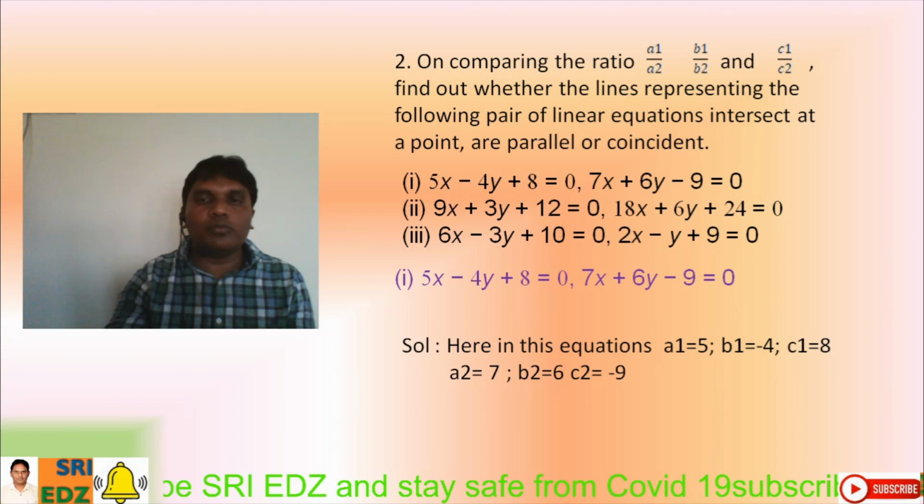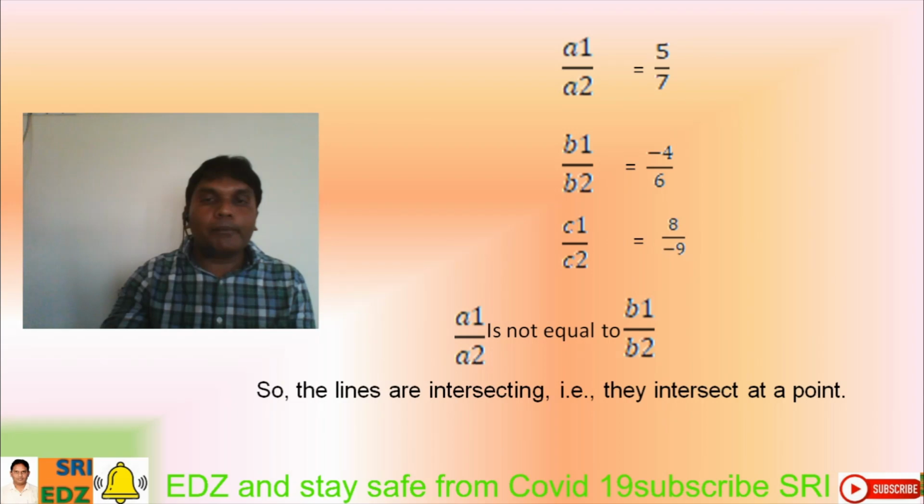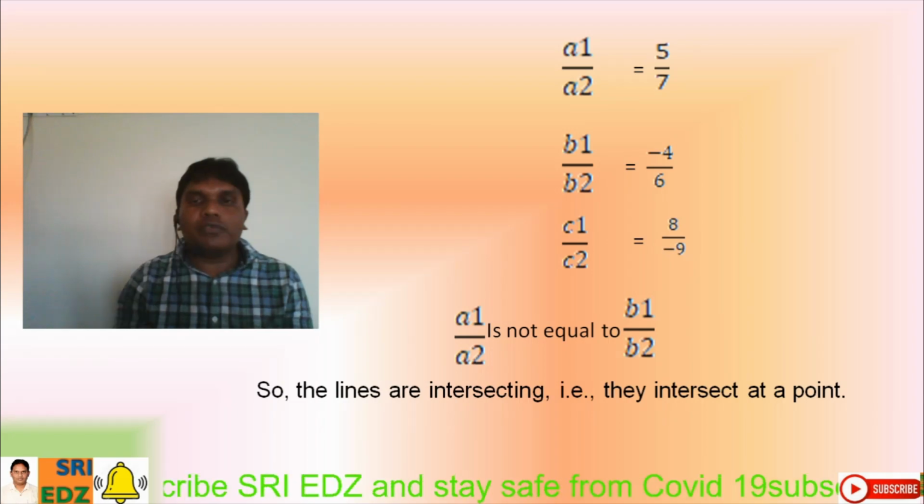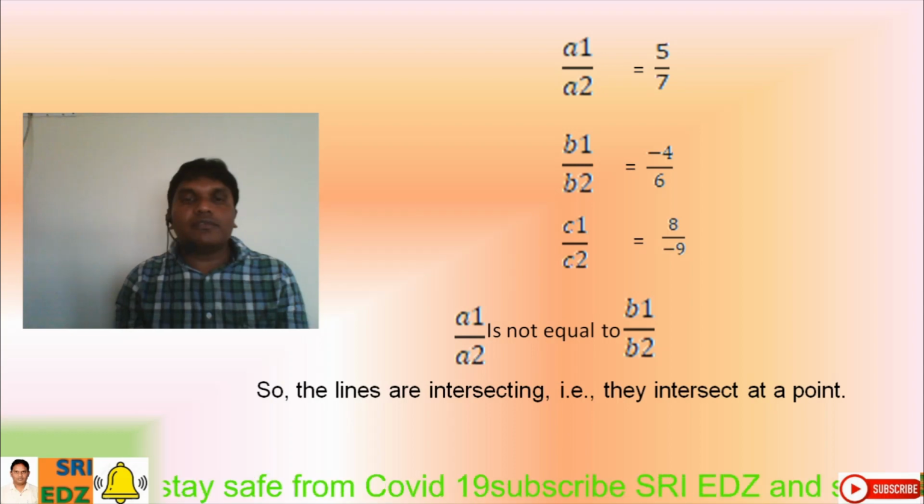So by comparing, a1 by a2 we got 5 by 7, b1 by b2 we got minus 4 by 6, and c1 by c2 we got 8 by minus 9. Here a1 by a2 is not equal to b1 by b2. According to the condition we have already seen, we can say those lines are intersecting and they are consistent, they will have a unique solution. That is the first question we discussed.